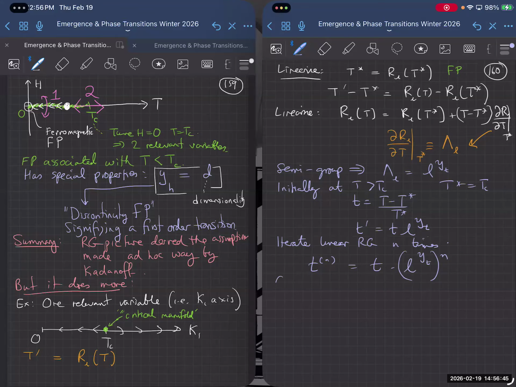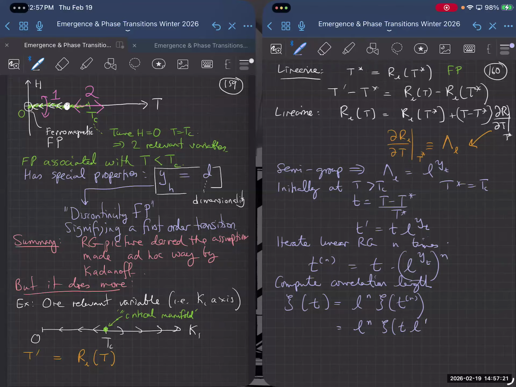And if I then compute the correlation length, I get that psi of t is equal to L to the n psi of t of n. Every time I coarse grain, the correlation length changes by a factor of L, and so psi of t is L to the n psi of t of n, which is psi of t times L to the power n times y sub t after n iterations.